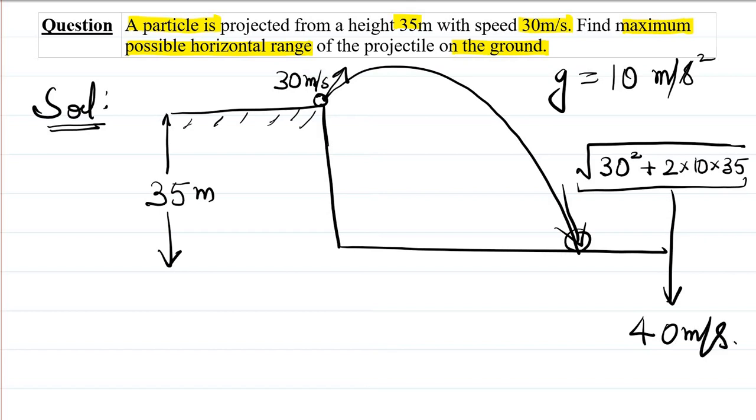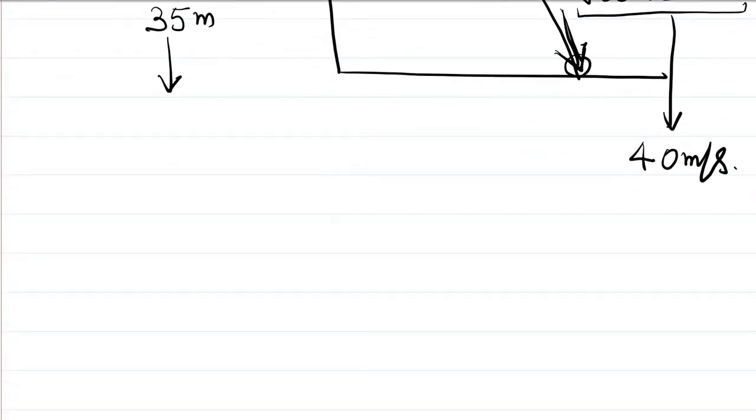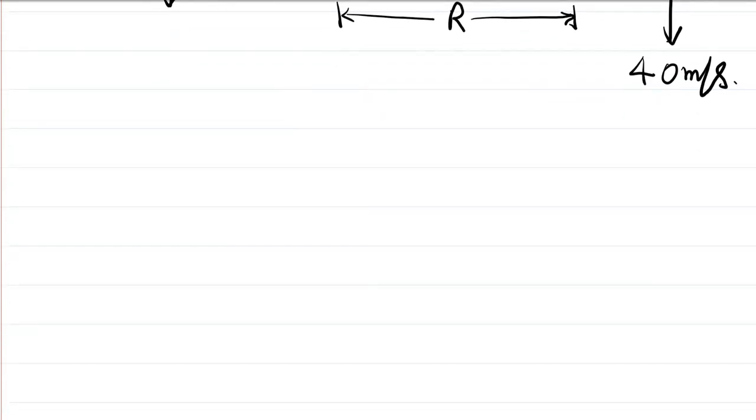Now this velocity is the final velocity of the particle, so we can easily determine the angle at which the particle must be projected in order to keep the horizontal range. This is the horizontal range for the particle during its projectile motion.